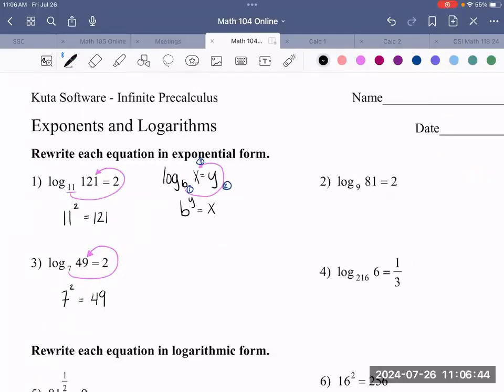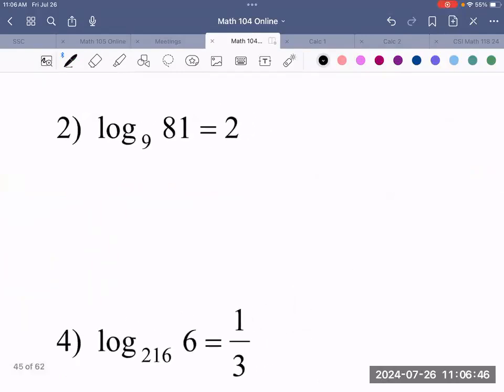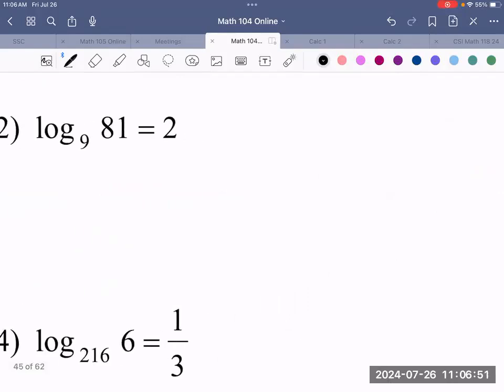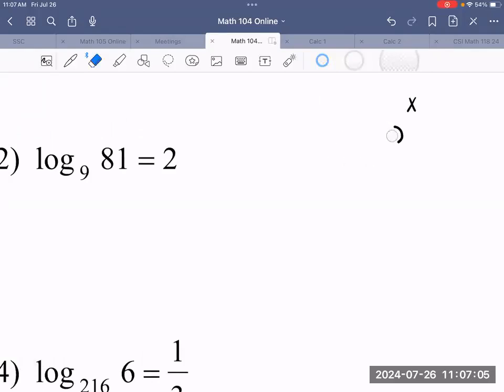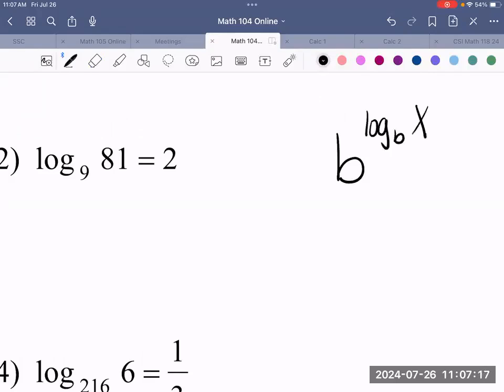Now for my other method, using the properties. One of the properties you have to be aware of is this: let's say we have an exponential raised to a logarithm with an equal base.